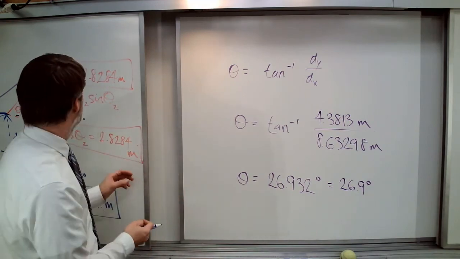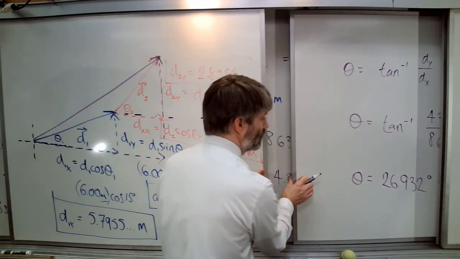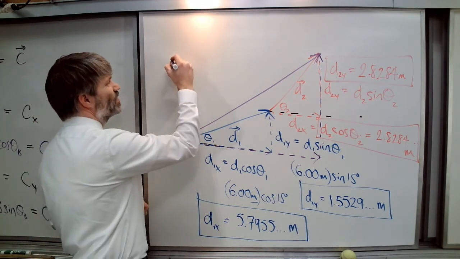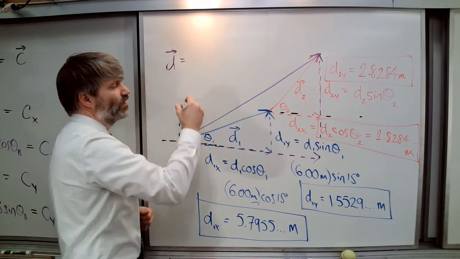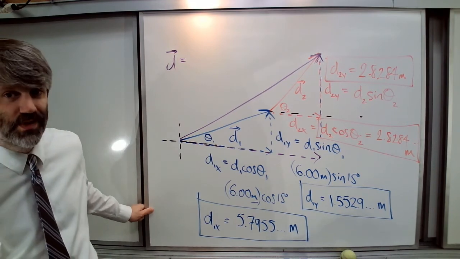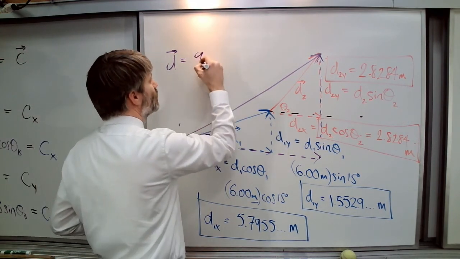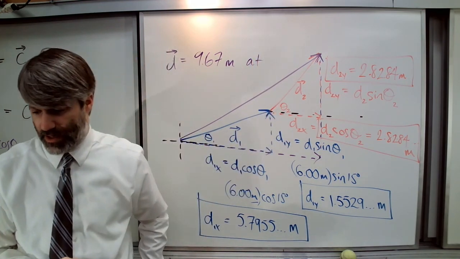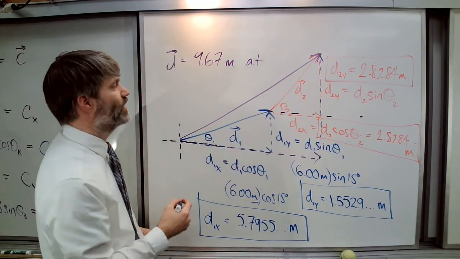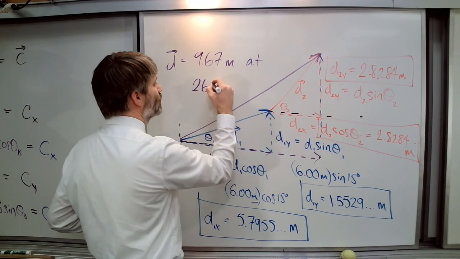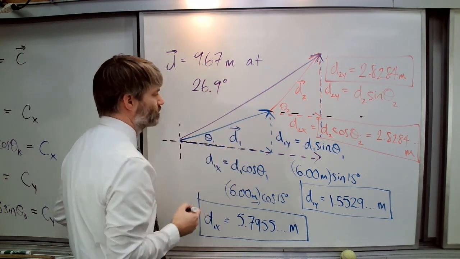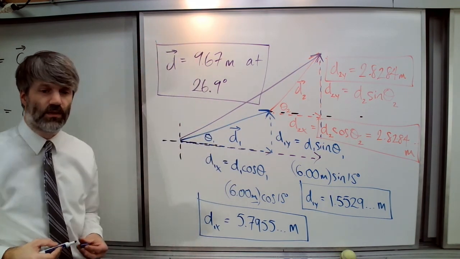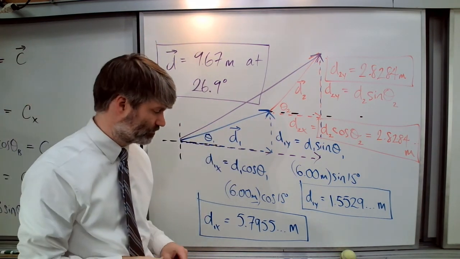So in the end, we have a resultant vector that is 9.67 meters at an angle of 26.9 degrees. And that is our final answer.